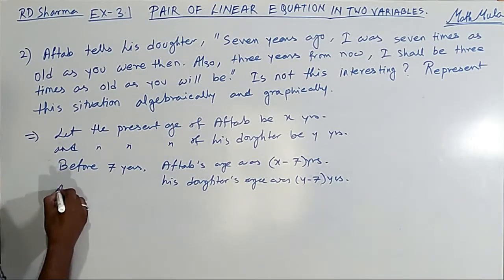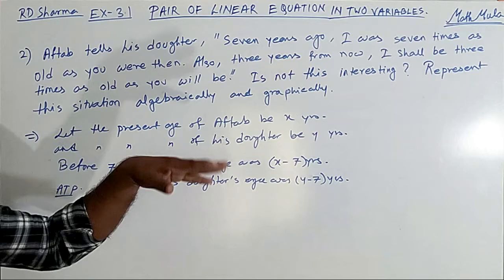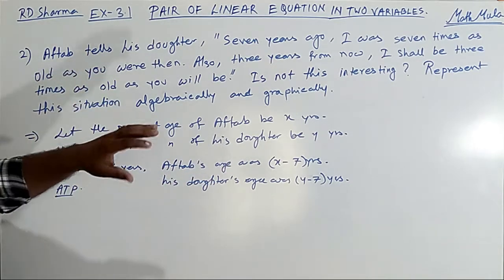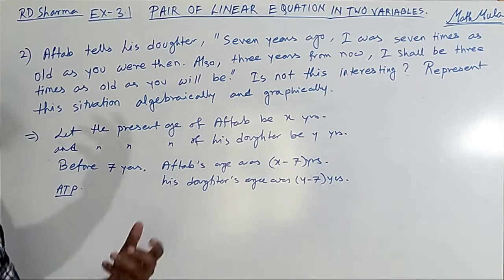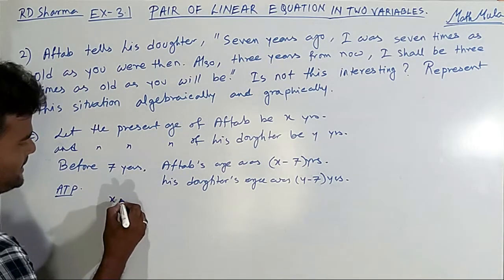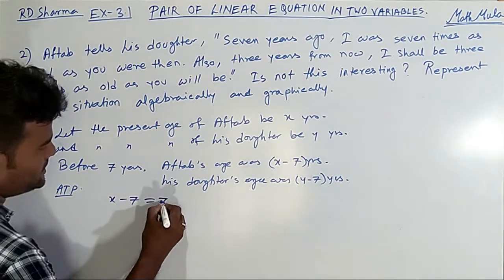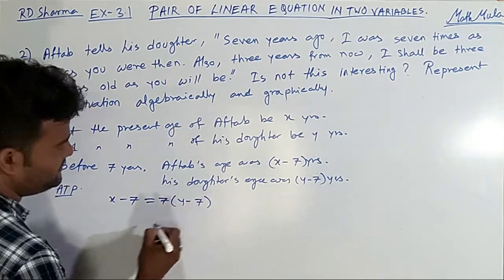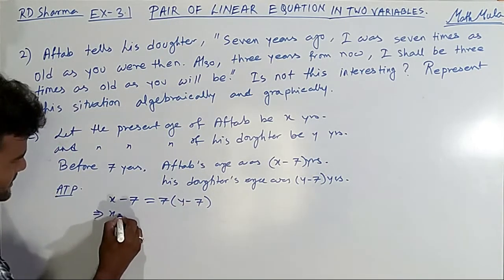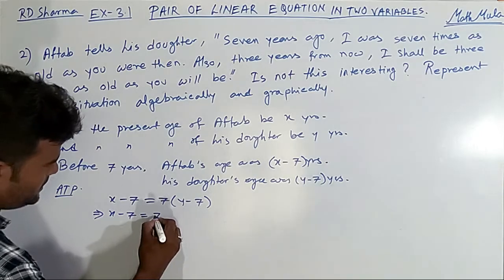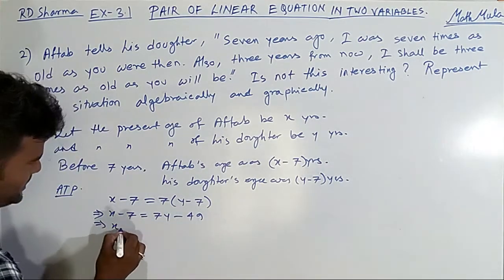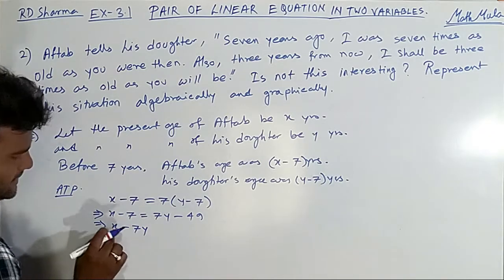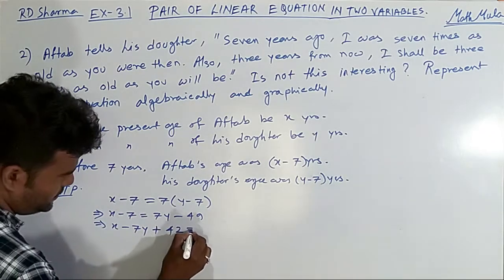According to the problem, I was 7 times as old as you. That means Aftab's age was 7 times his daughter's age, so x minus 7 is equal to 7 times (y minus 7). Now solve it. We get x minus 7 is equal to 7y minus 49. Taking it to the left side, x minus 7y plus 42 equals 0.